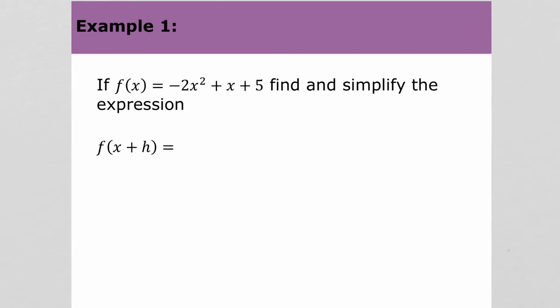So for example 1, the first thing we're going to do is just plug in x plus h. We're only going to find f of x plus h now. To find f of x plus h, we take our equation, and everywhere we see an x, we plug in x plus h.